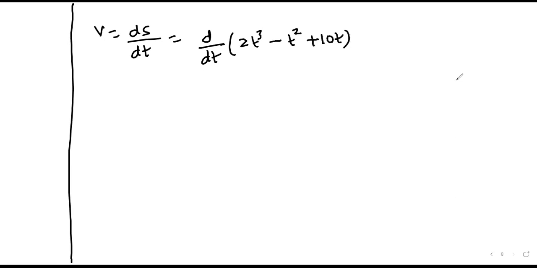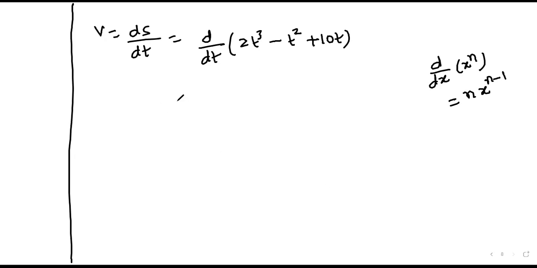What is the formula for d by dx of x power n? It is n times x raised to n minus 1.